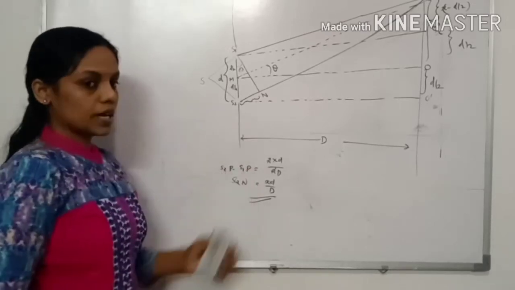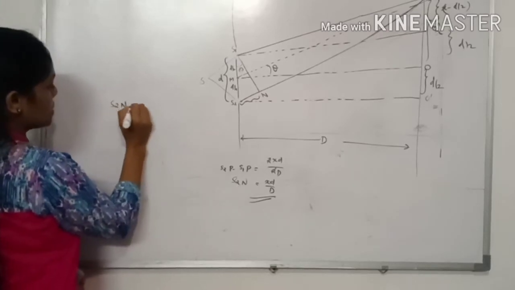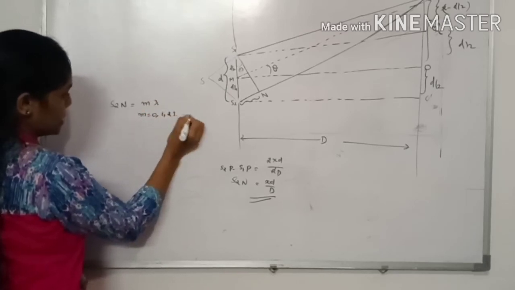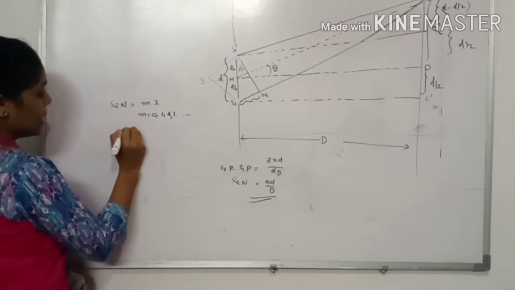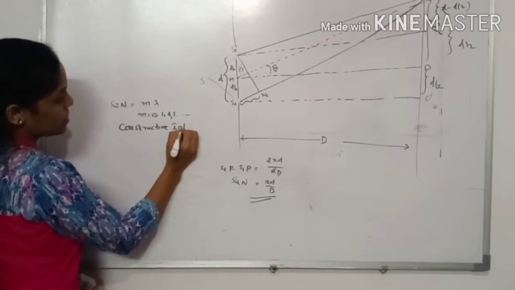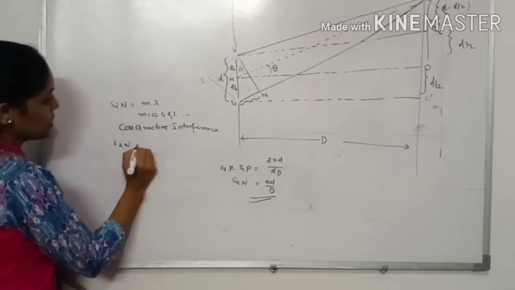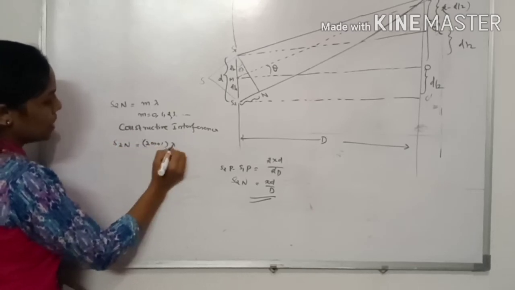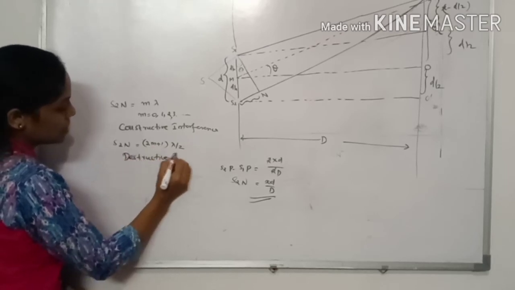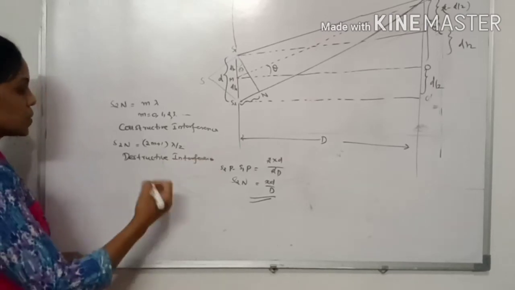Once the path difference is equal to m lambda, where m is equal to 0, 1, 2, 3, etc., an integer, you will get constructive interference. And once it is equal to 2m plus 1 lambda by 2, you will get destructive interference.